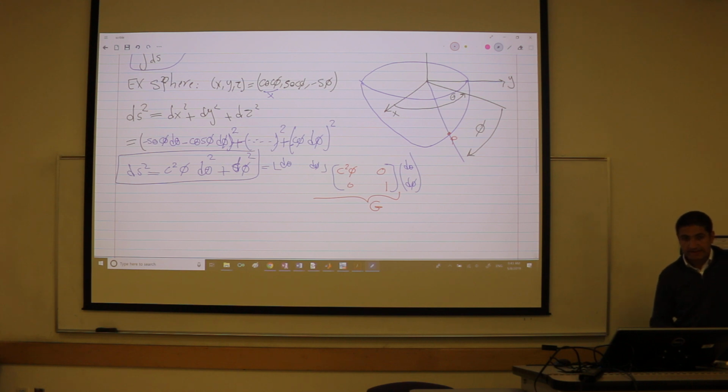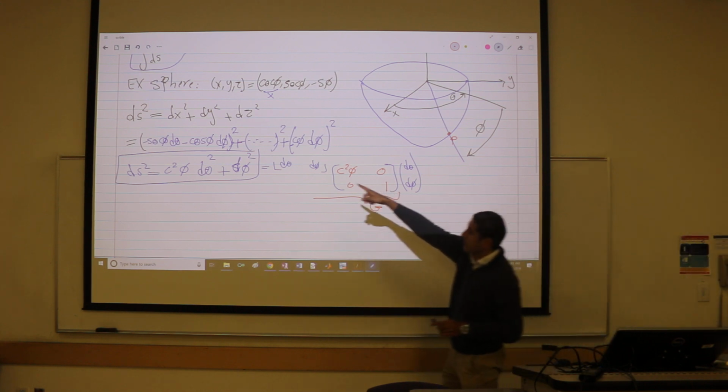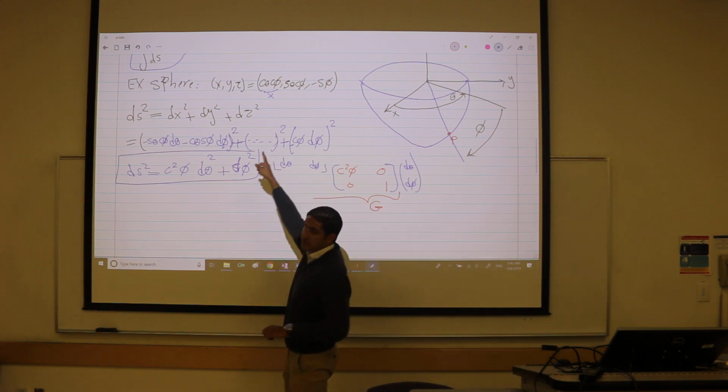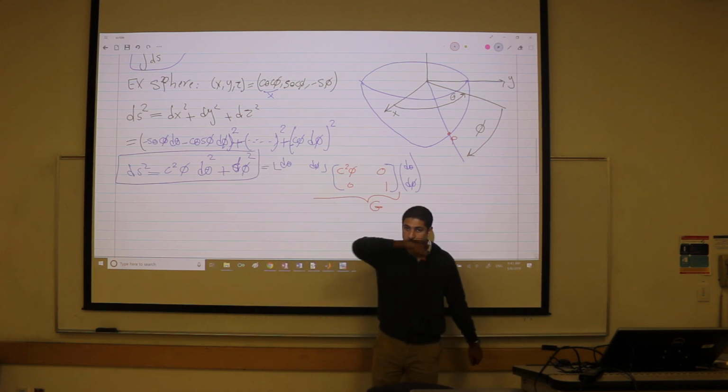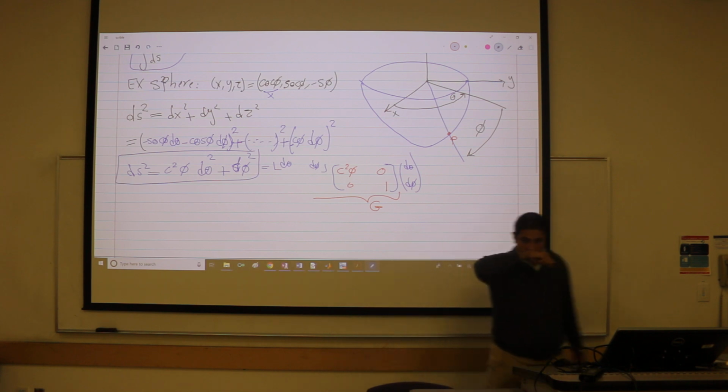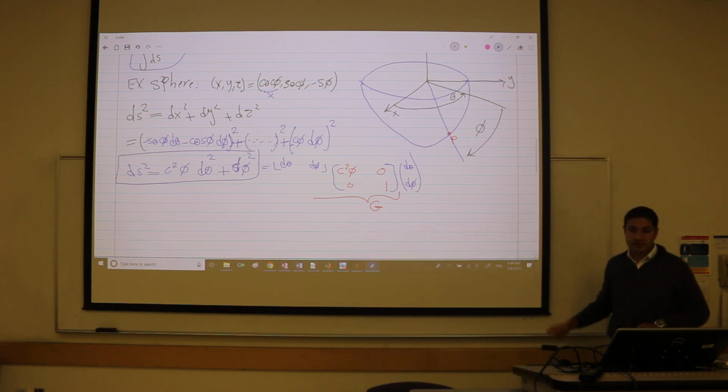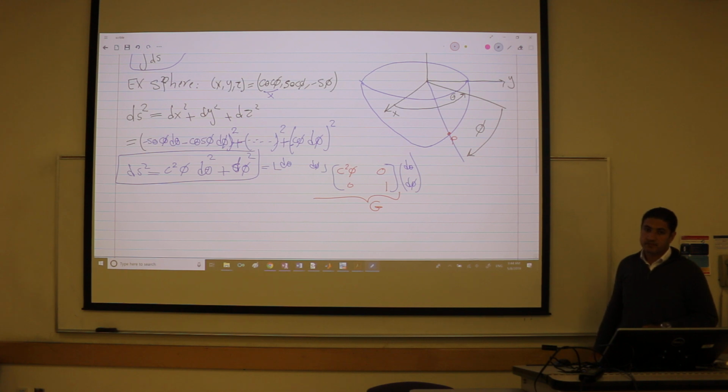Professor? Yes. We did it using the ambient space, here in the black line, ds squared equals dx squared plus dy squared plus dz squared, right? So is there a way to do it solely on the manifold, to derive it on the manifold? No. The other way around is to find the Christoffel symbols. No, the Christoffel symbols are actually much harder, and you need to do it also from the ambient space.